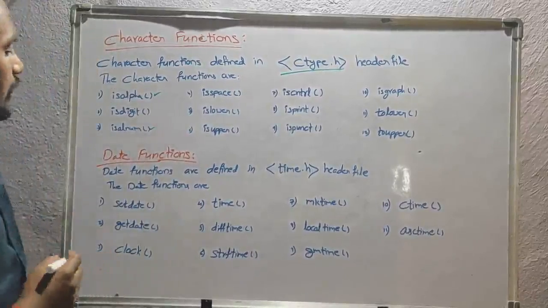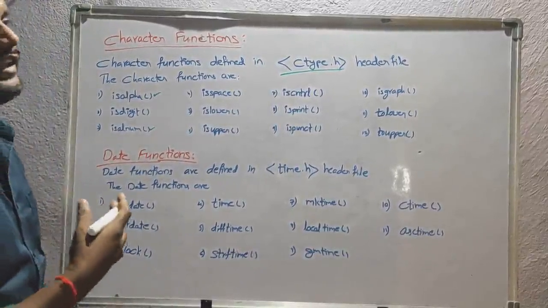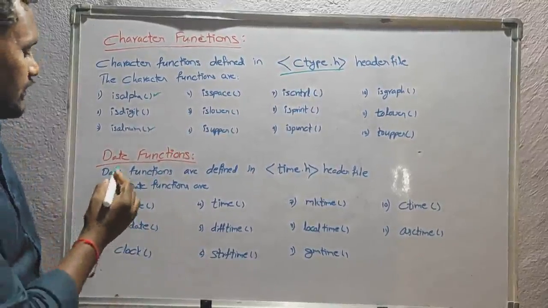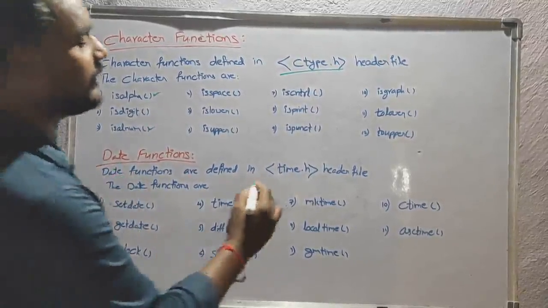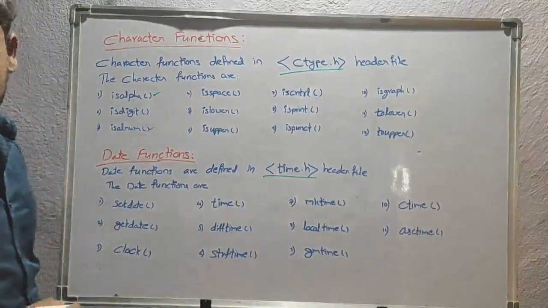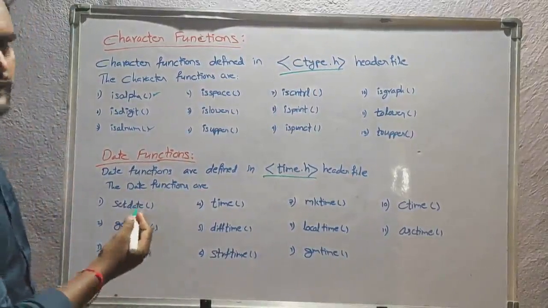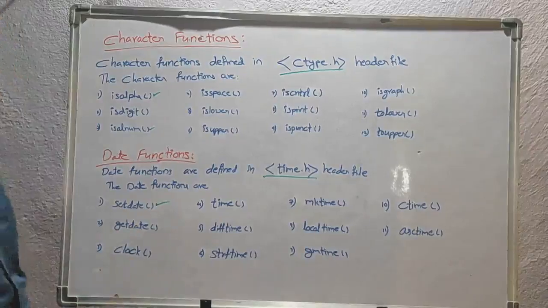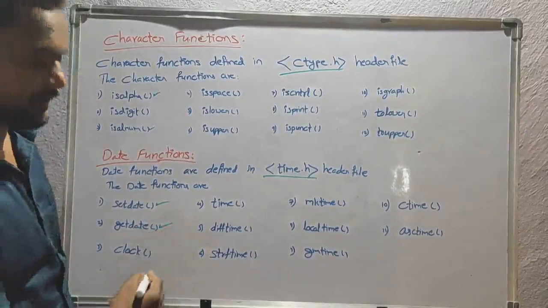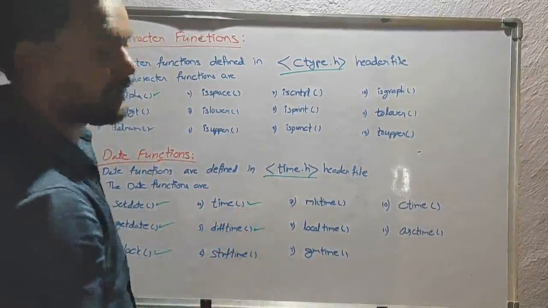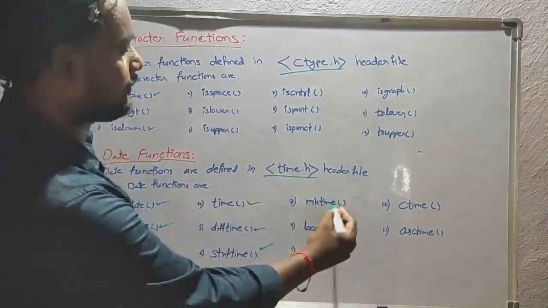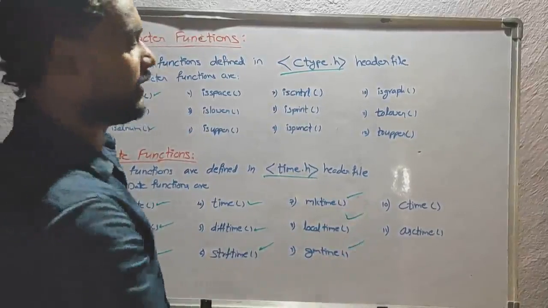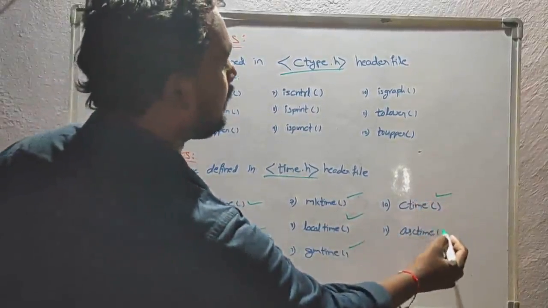Now the date functions. The date functions are related to time and date formats, and they are defined in the time.h header file. Those functions are setdate, which sets the date; getdate; clock; time; difftime; mktime; localtime; gmtime, Greenwich mean time; ctime; and asctime.